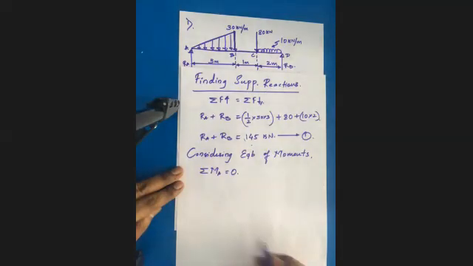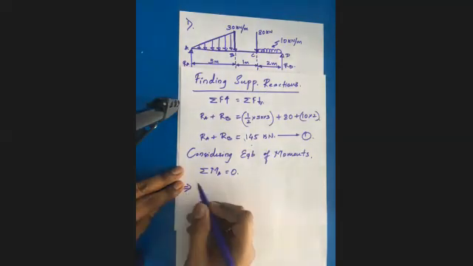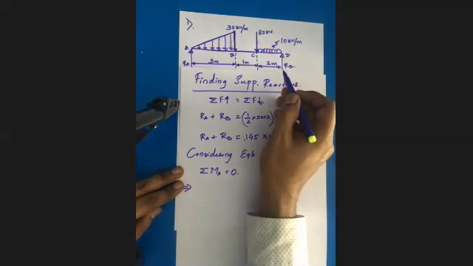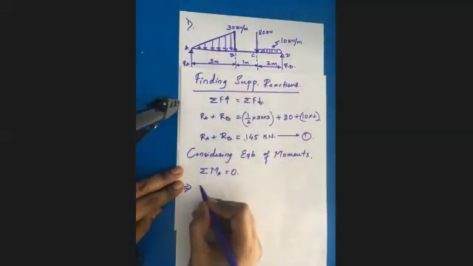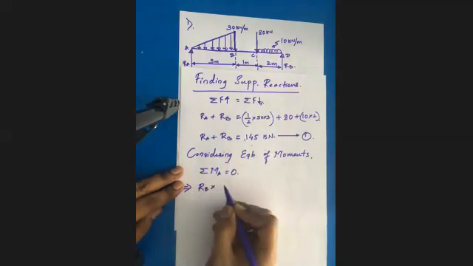So what will it be? It means that first I'll start considering from right end to left end. So what can I write? RB into the distance is 6 meter.